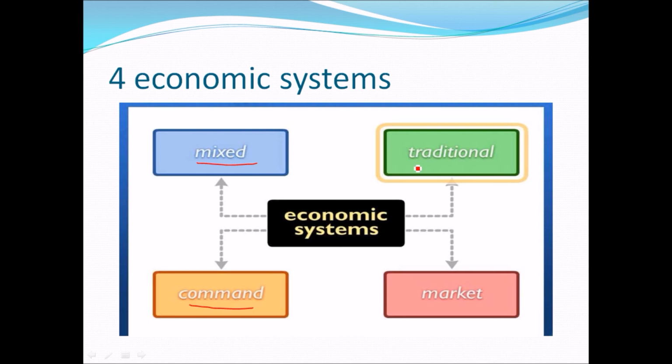Based on the criteria we discussed before, at the beginning of economic systems, the existing system was the traditional economic system. Later in the next part of this lesson, I expect to discuss all the characteristics.